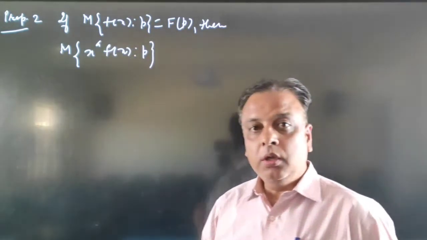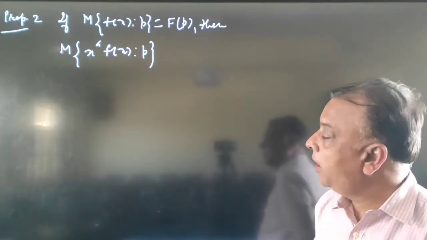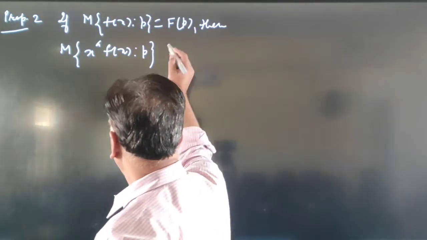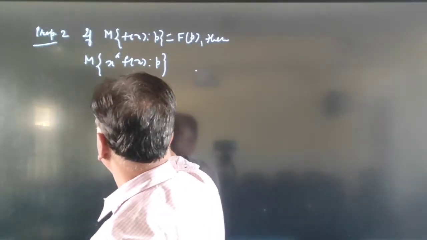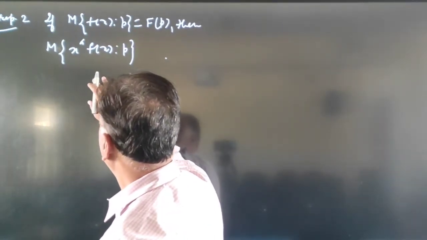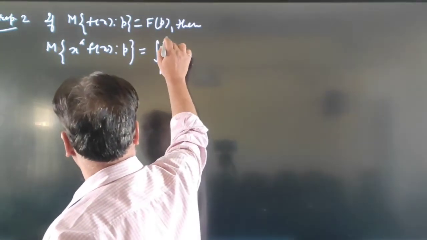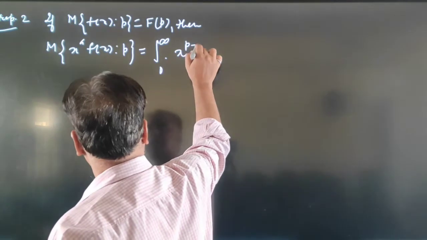We have to prove the Mellin transform of the function x raised to a, f(x), is equal to... Now by definition, we know that this is equal to the integral from 0 to infinity of x raised to p minus 1, f(x).